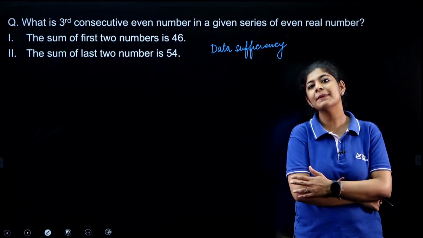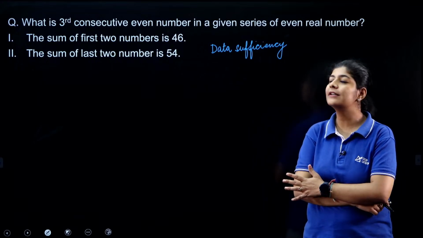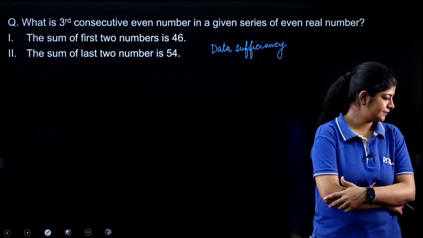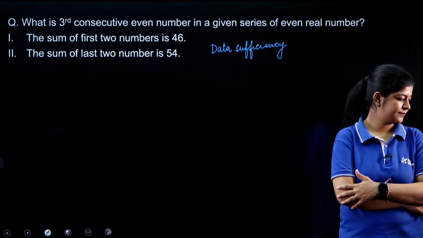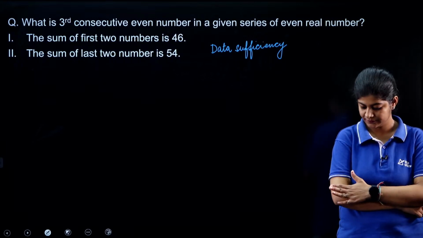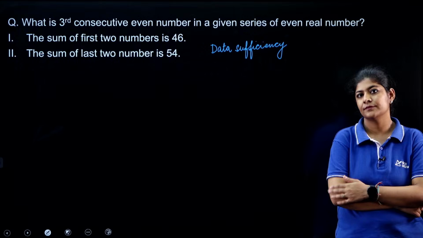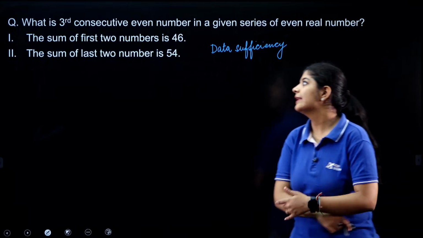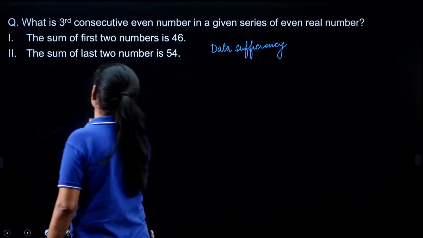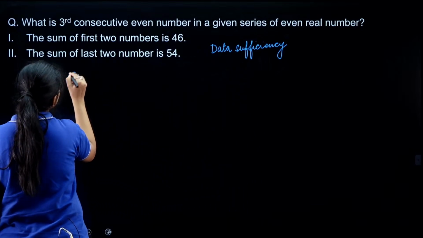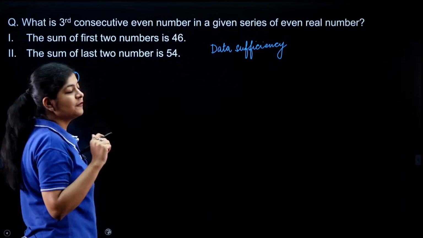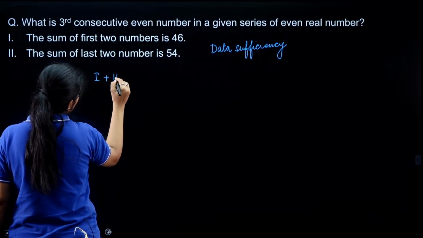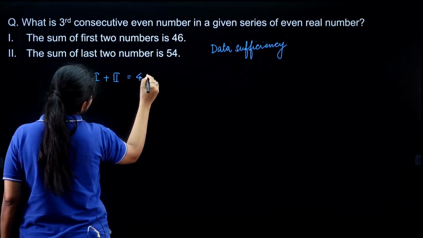The question is simply asking what is the third consecutive even number. Okay, let's see. If I am considering the first statement saying that the sum of the first two numbers is equal to 46.